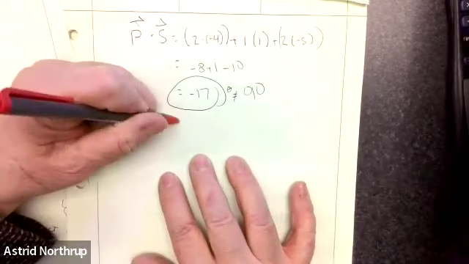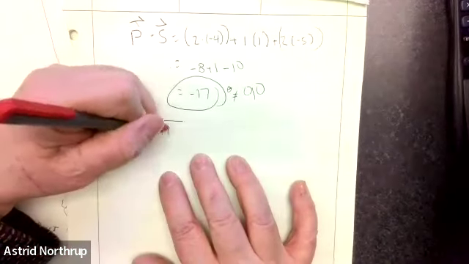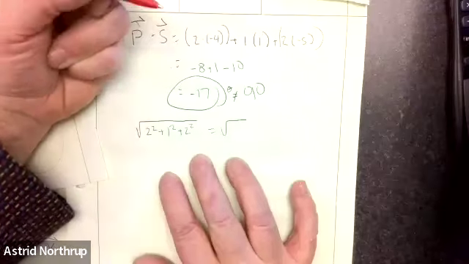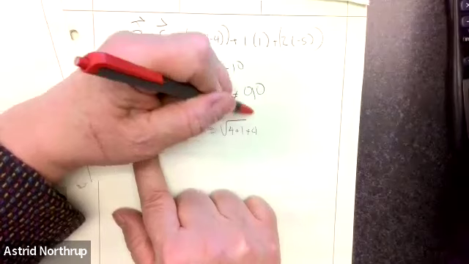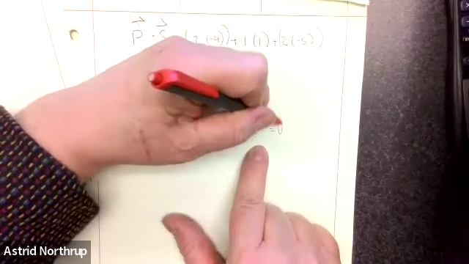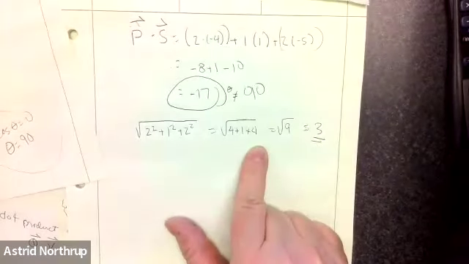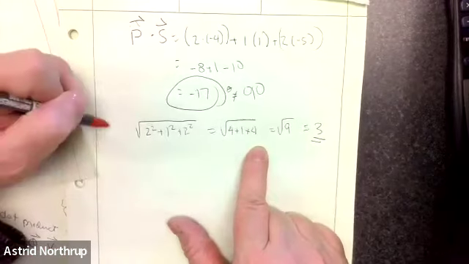Well, let's find out. What's the magnitude of P? It's the square root of 2 squared plus 1 squared plus 2 squared, which is the square root of 4 plus 1 plus 4, which is the square root of 9, which is a nice whole number, 3. What's the magnitude of S?